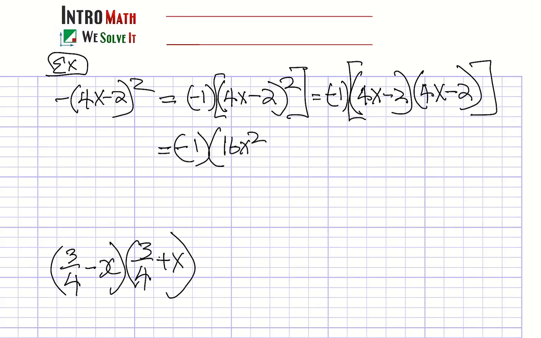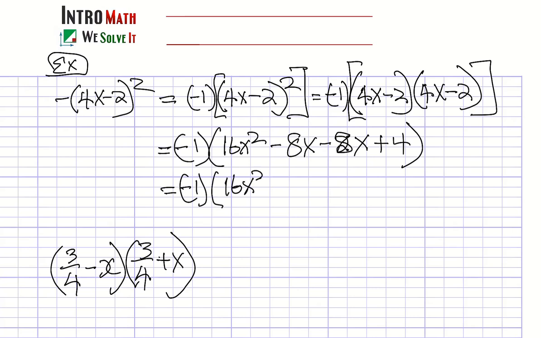16x squared minus 8x, and then another minus 8x, then plus 4. So you simplify the stuff inside the bracket first. What do you get? 16x squared minus 16x plus 4.